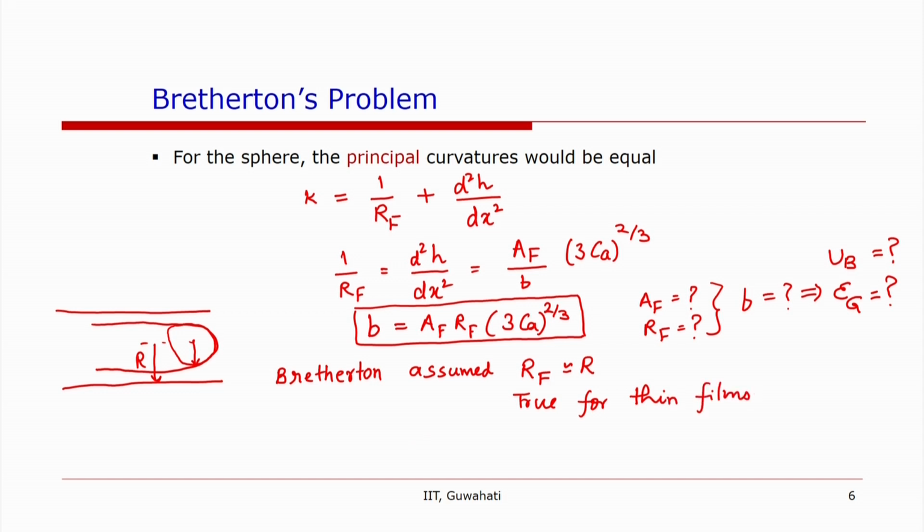So that will reduce that B by R to AF into 3 capillary number to the power 2 by 3. So if one can find out AF, then one knows what the film thickness is.